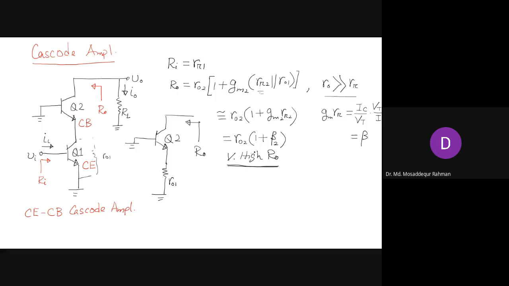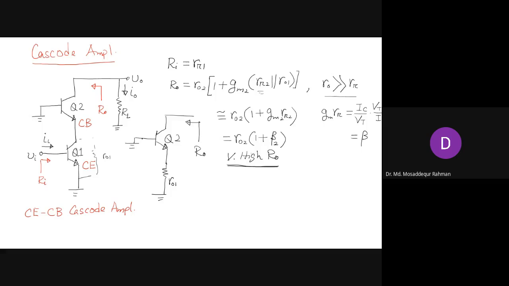The common base also gives you high output resistance, but not that high, because here R naught is getting multiplied by 1 plus beta, and beta is large. That's the main feature of the cascode configuration, and that property is widely exploited in constructing different circuits in integrated circuits.